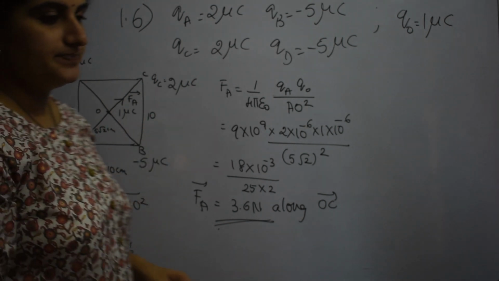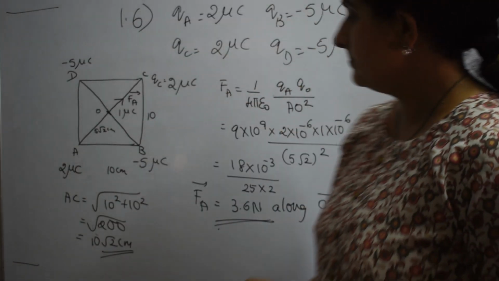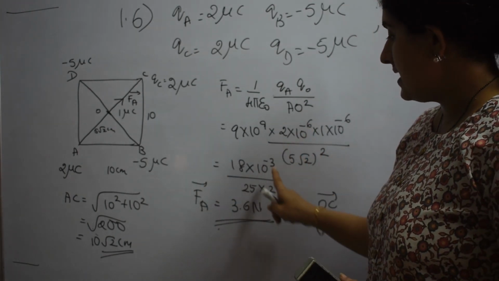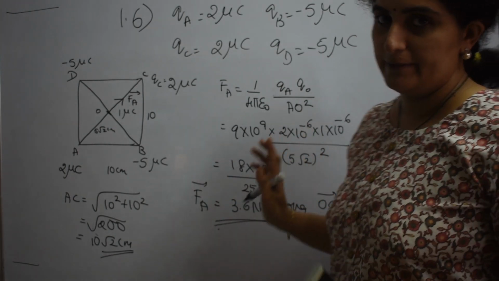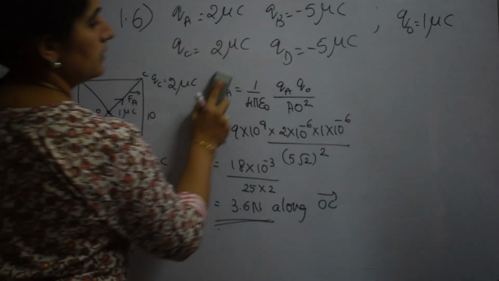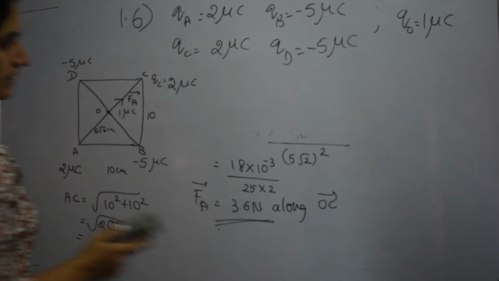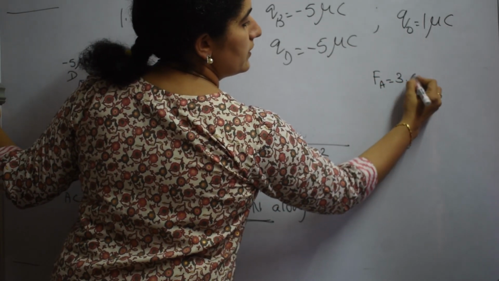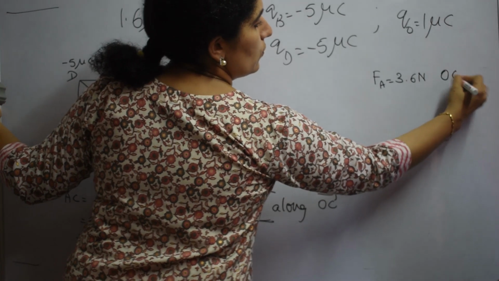Note it down. Don't make mistakes. Micro is 10 to the power minus 6 and the square root, you have to be careful. Remember FA is 3.6 Newton, that is along OC.